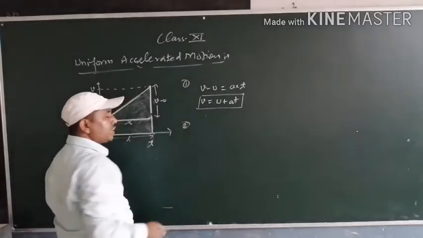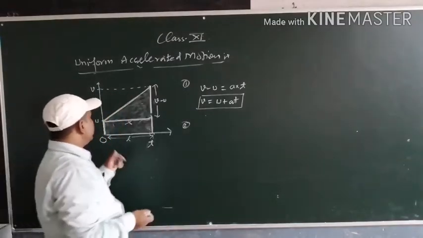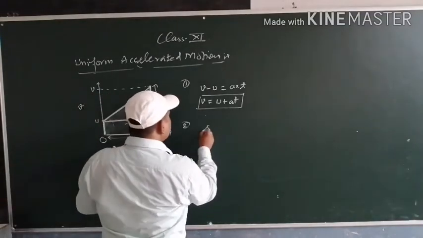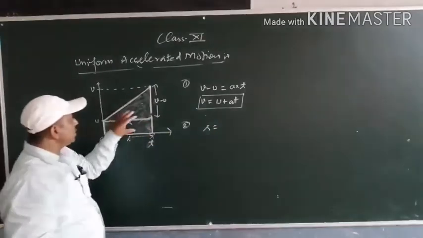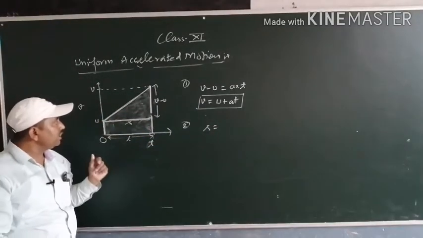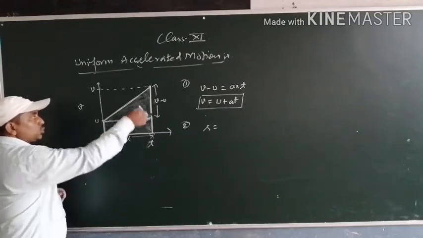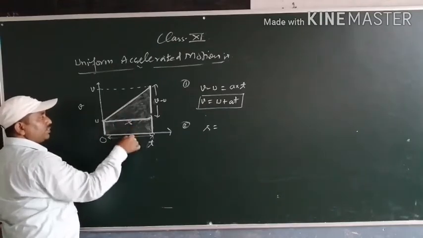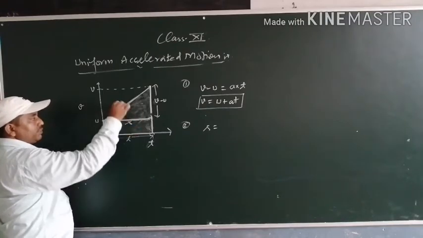If we want to derive the second kinematic equation, then we have to put the value of s. We know that the total displacement of the object is equal to the area swept under the Vt graph.